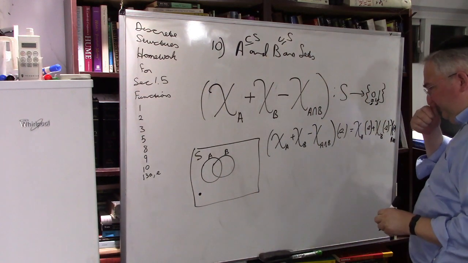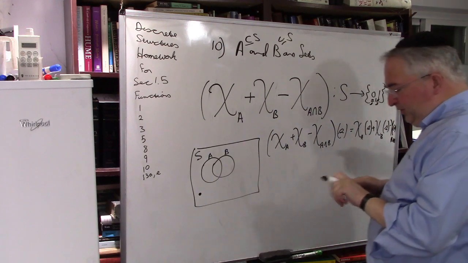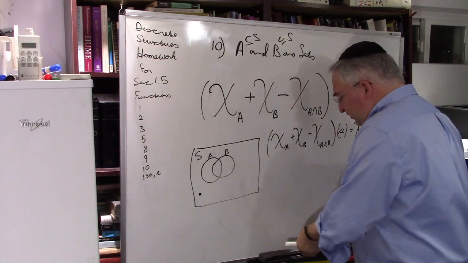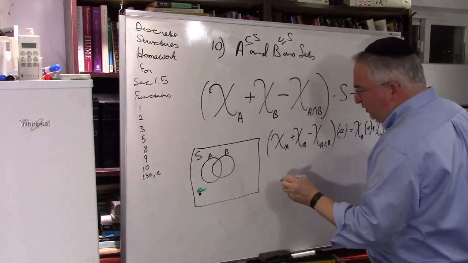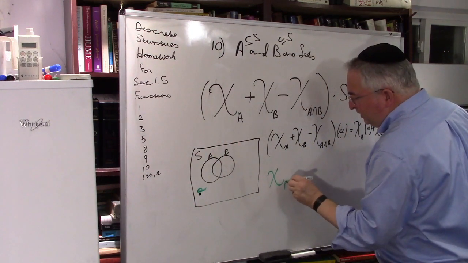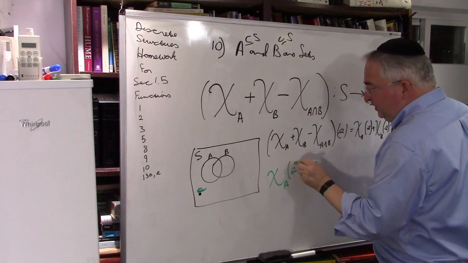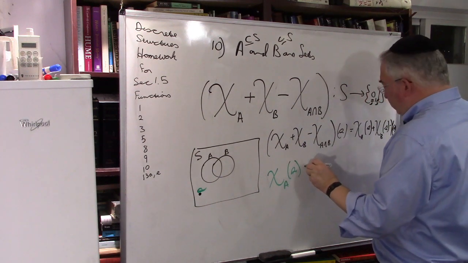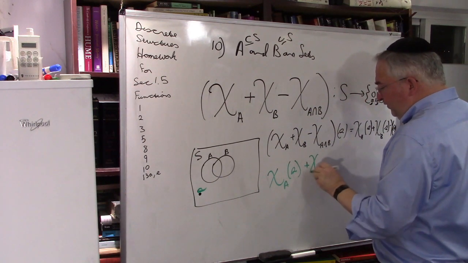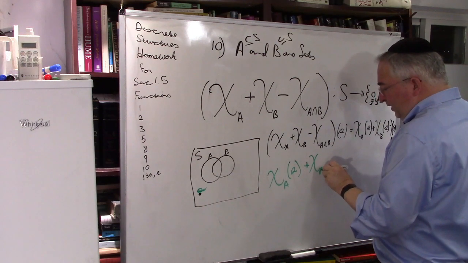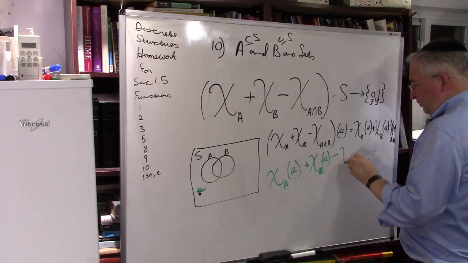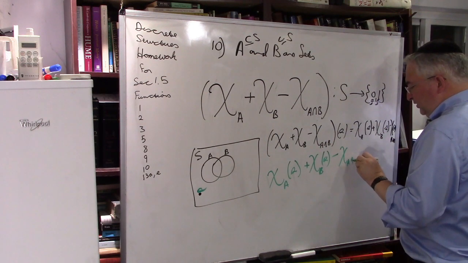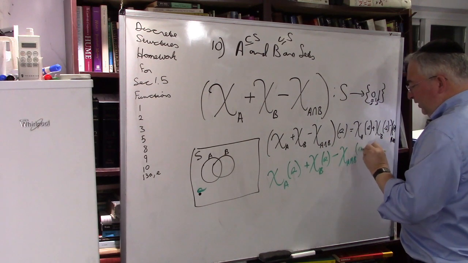You know what? We can do this with different colors. Let's do this. You ready? So, this is S. Question. What is the characteristic function of this little s, plus the characteristic function of B at little s, minus the characteristic function of A intersect B on little s?